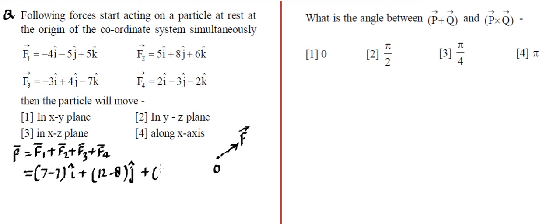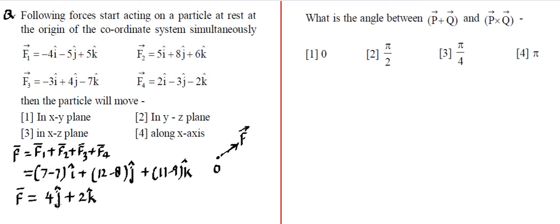So 11 minus 9 k cap. Point is, we are simply trying to find what it is going to come. So the first term becomes 0, and we get 4 j cap and 2 k cap. So from here we can see the force that acts on the particle is in j cap as well as k cap.